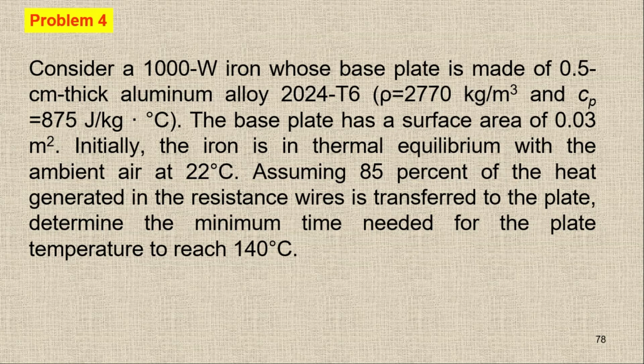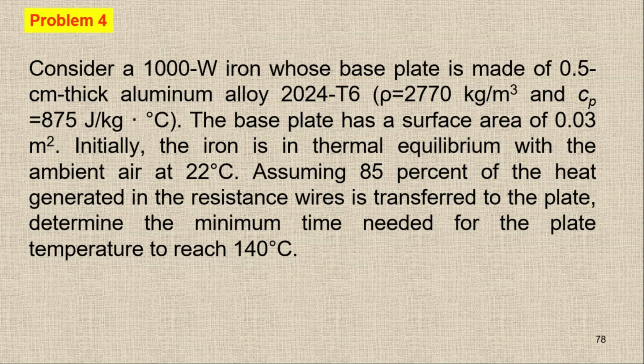Normally we have the iron, and in this iron we have the resistance wires, and the total capacity of this iron is 1000 watt. 85% of the heat generated by these wires is transferred to the plate. So simply 85%, or 0.85, of the 1000 watt, so 850 watt will be the supply of heat that is provided to the plate.